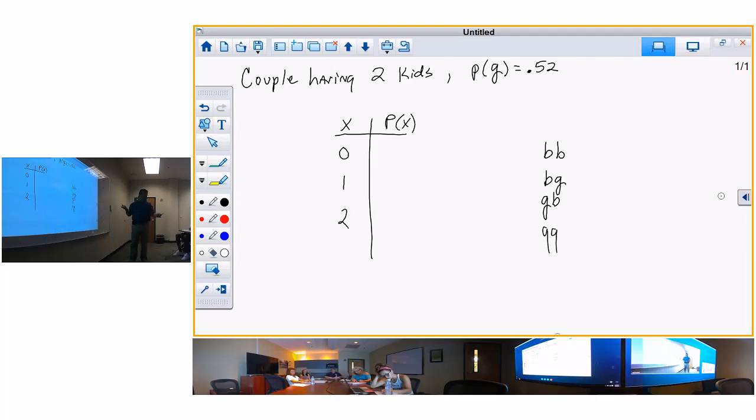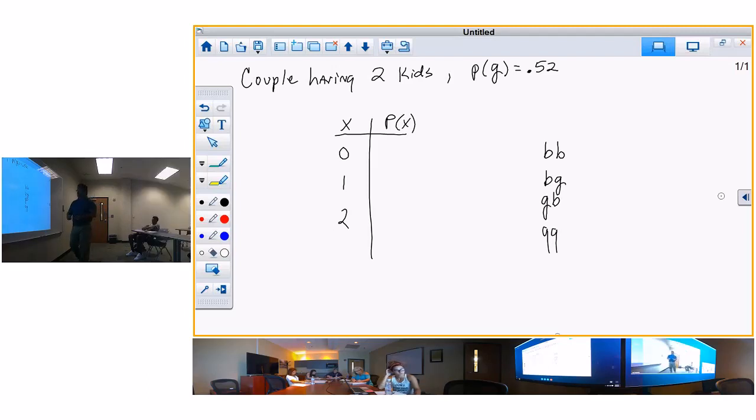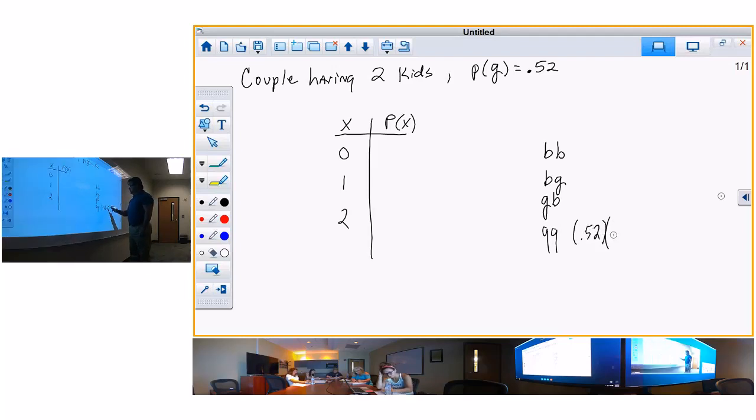So now all you got to do is figure out the probability. How do you do that? Well, let's go easy. What's the probability of 2 girls? It would be 0.52 times 0.52. And 2 boys would be 0.48 times 0.48. Somebody give me these 2, and let's round it to 4 decimal places.